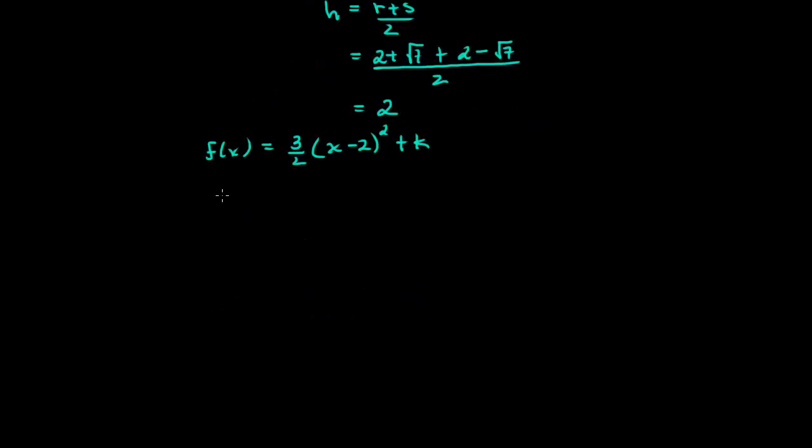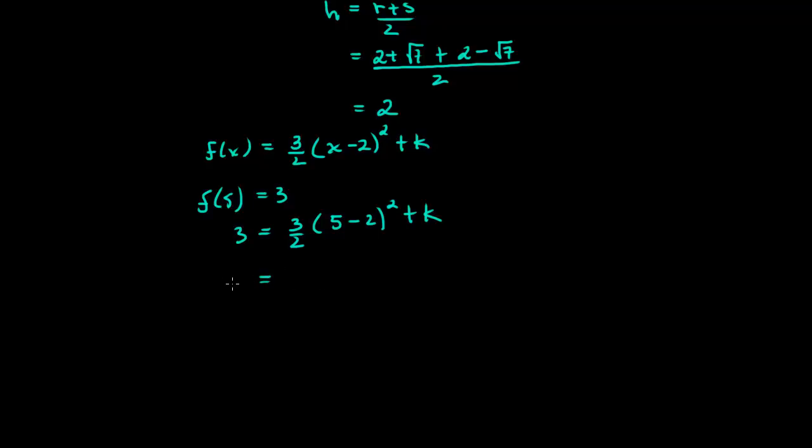So f(5) should be equal to 3. We'll sub in 5 for x, and we get 3 is equal to 3 over 2 times (5 minus 2) squared plus k. All that I've done is substituted 5 for x and 3 for f(x).